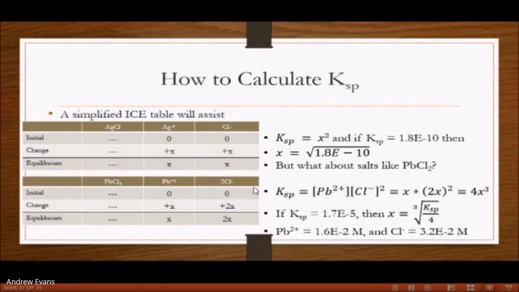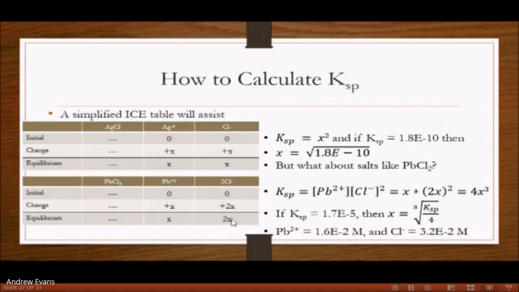In lead chloride, you would produce 1 lead and 2 chlorides. So the Ksp is Pb2+ and Cl- squared. When you write that ICE table, for every 1 lead that dissolves, we also get 2 chlorides. So we get 2x, not just 1x.